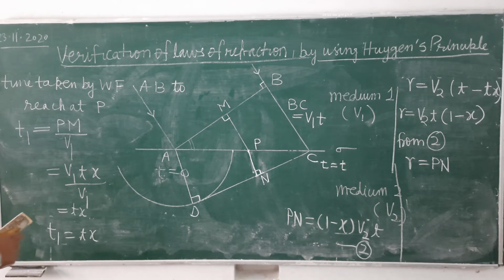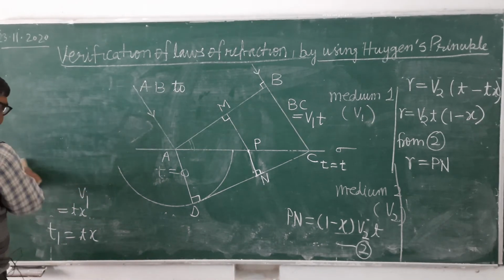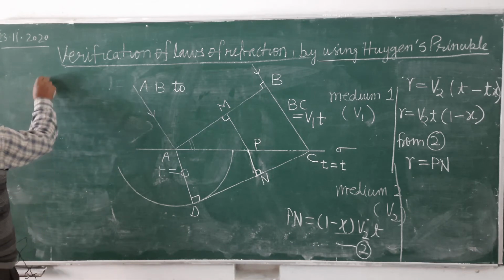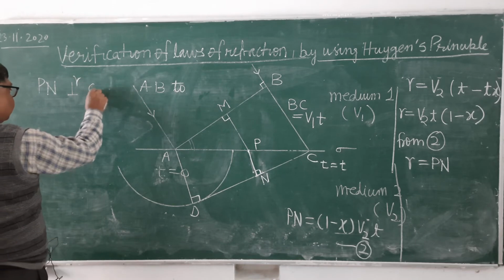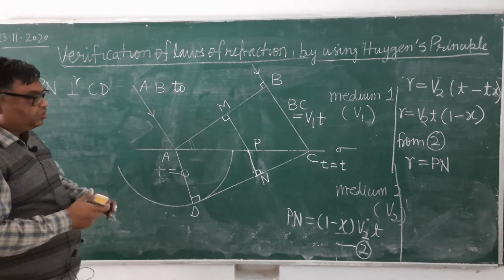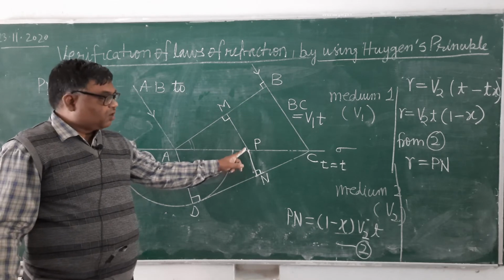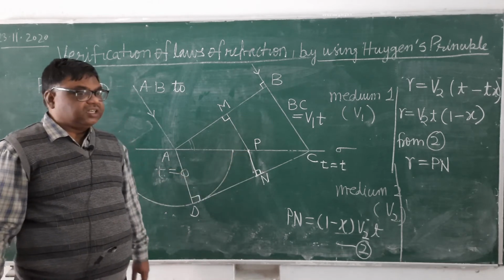Now see here, since Pn is perpendicular to the CD, the secondary waves which are emitted from here will cover how much distance? They will cover Pn distance.